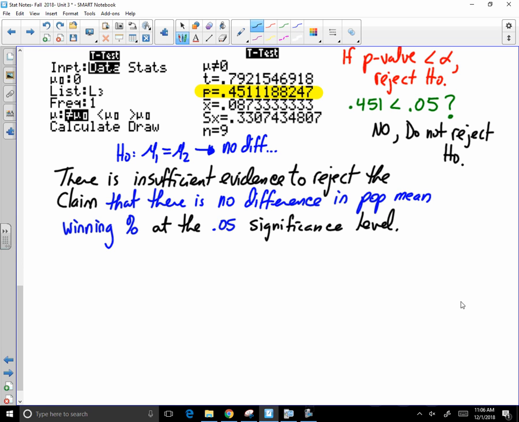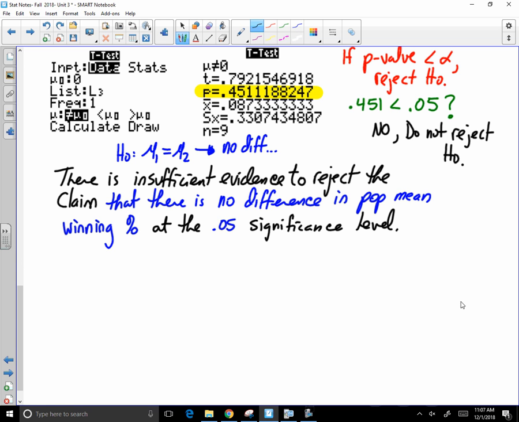So there is insufficient evidence to reject the claim that there is no difference in population mean winning percentage. I've answered the question. If there is insufficient evidence to reject it, it just implies that I'm keeping it. If I were then to write, therefore, the claim of a significant difference is true or false or otherwise, my first response is, whose claim was that? I remember that being in the problem.